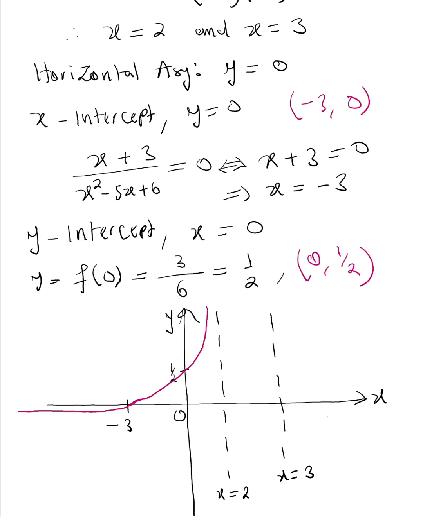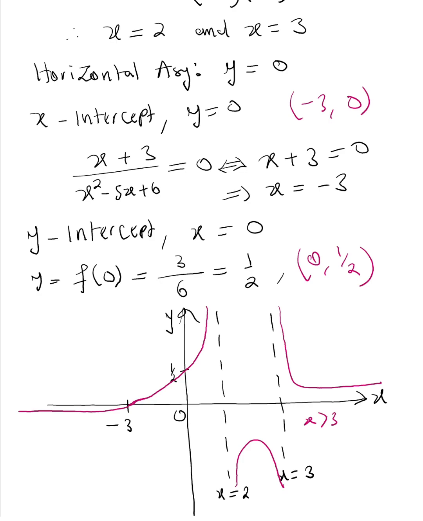For the values of x that are greater than 3, so when x is greater than 3, it's a positive number, right? So this thing is positive here. Now if I pick any number that is between 2 and 3, the function is negative. So this graph goes like that.